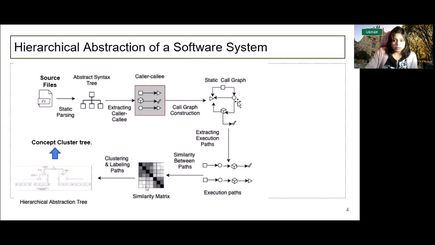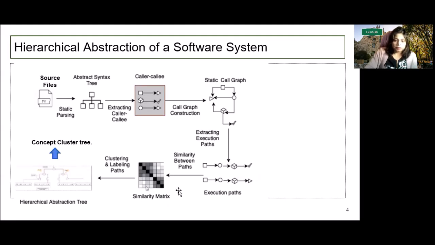Then we generate the static call graph, which combines all the execution paths of a software system. And then we extract the execution paths as different sets. And from the execution paths, which are sequences of function calls, we calculate the similarity matrix.